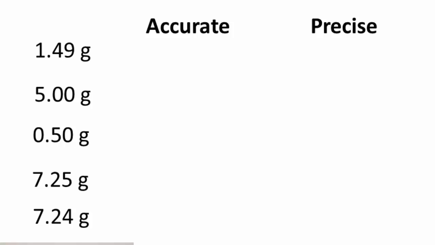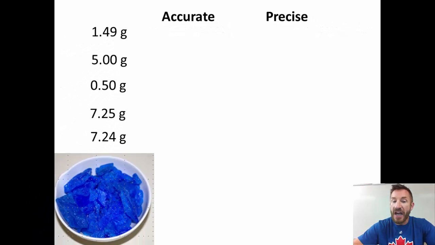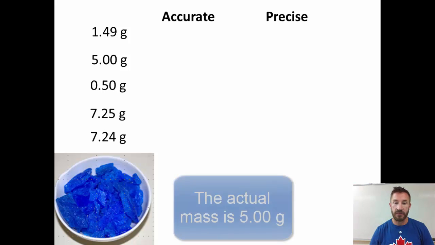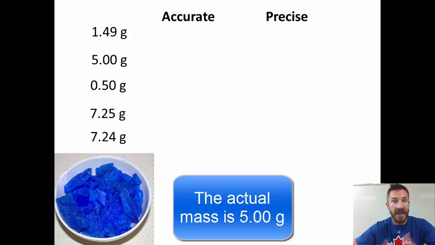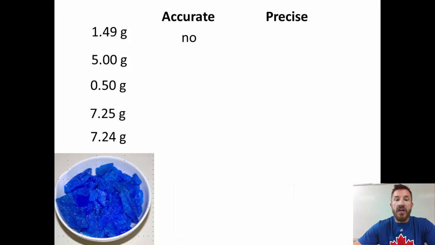Well, first of all, we want to see, are these accurate? To know if they're accurate, we have to know the actual mass of the copper(II) sulfate. So let's say the actual mass was 5.00 grams. With that, we'd say the first measurement was not accurate. It was not close to 5 grams. The second measurement was right on the money, so that definitely is accurate. It is the accepted value.